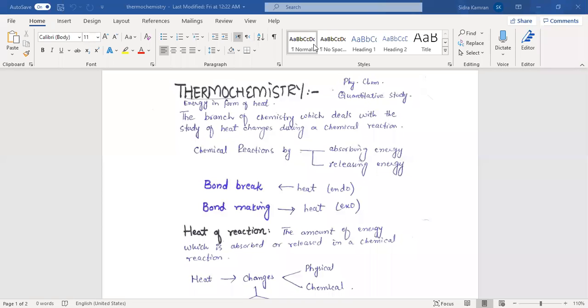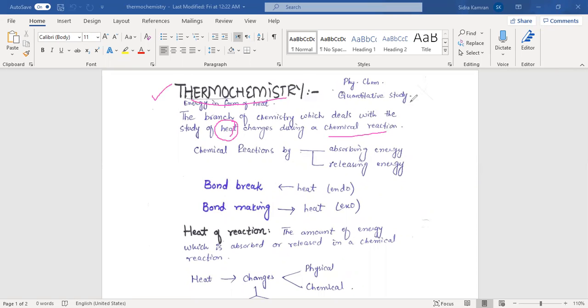As we know, many changes take place during a chemical reaction. When there is a change related to heat, that study of change of heat in a chemical reaction is called thermochemistry. Therm means heat, and the study of that change of heat during chemical reactions is called thermochemistry.